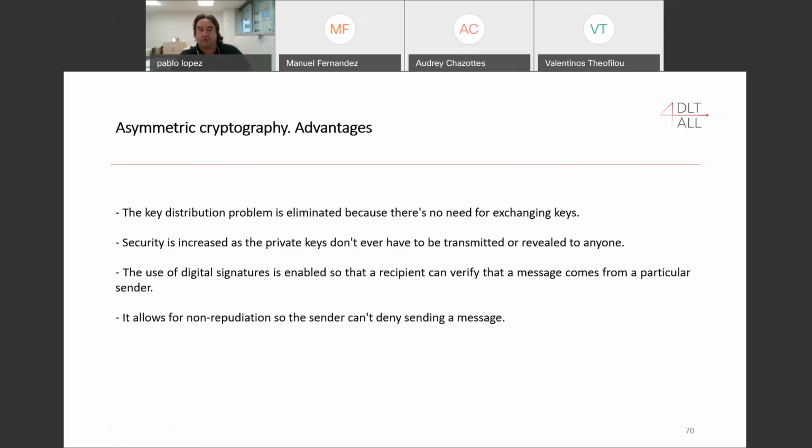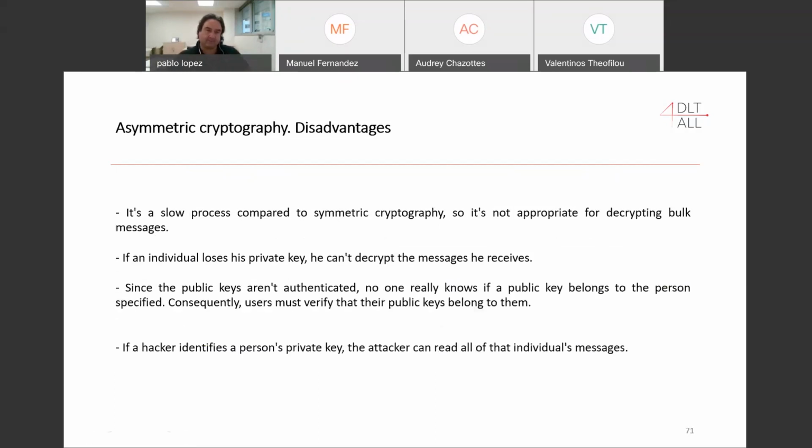It allows for non-repudiation, so the sender can't deny sending a message. So it's a way to first verify that the person sending the message and the person receiving the message are the right people, and then we go ahead.